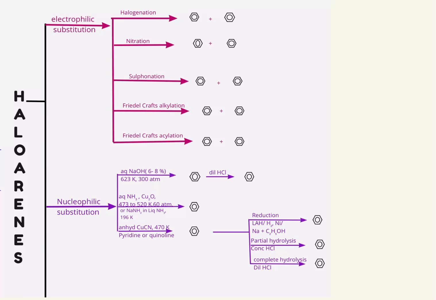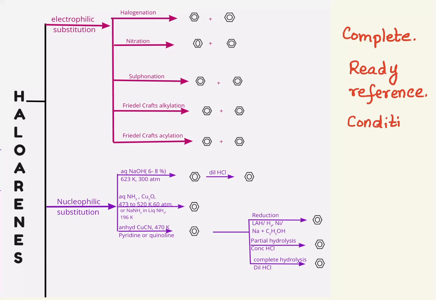Now the task for you to do is to complete this flowchart so that you have it available as a ready reference whenever you need to. Try reading through it twice a day, probably at your meal times. Don't sit and memorize it like a parrot. Just glance through, especially the conditions of the reaction, and you will be done.